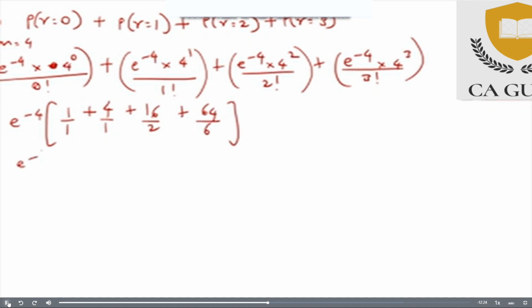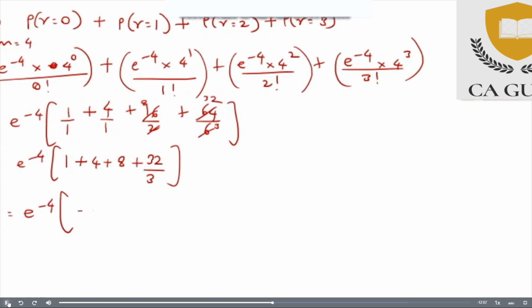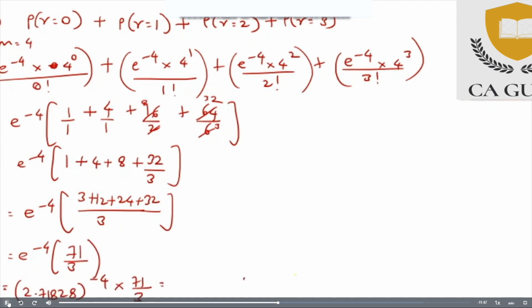We have to simplify e to the power minus 4 into 1 plus 4 plus 8 plus 32 by 3, which is e to the power minus 4. You take LCM. So the answer for this is 0.43.